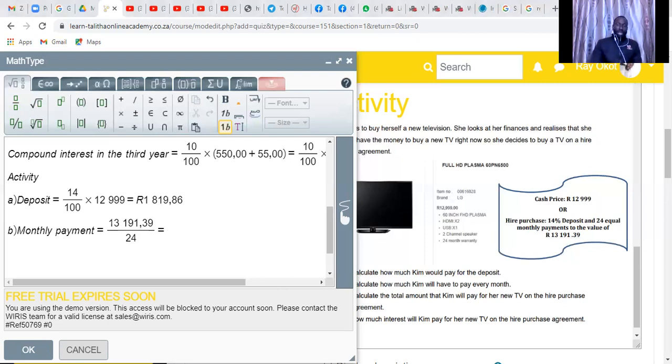Do we handle that? Well, we now have 13,191 point what? 0.39. We want to divide this by 24. What do we get? Well, it's going to be 549.64.